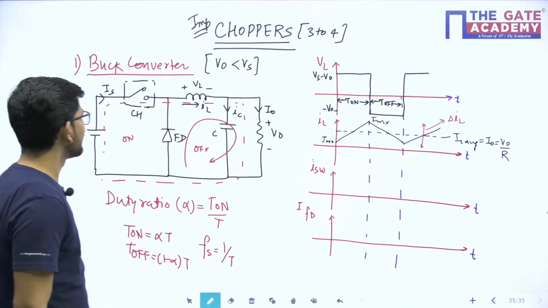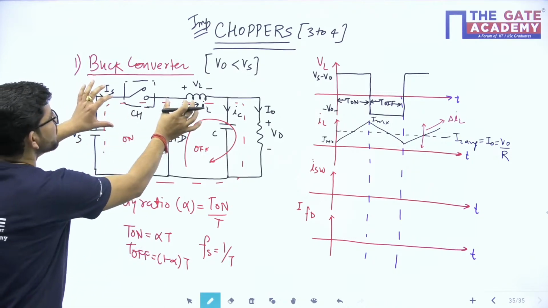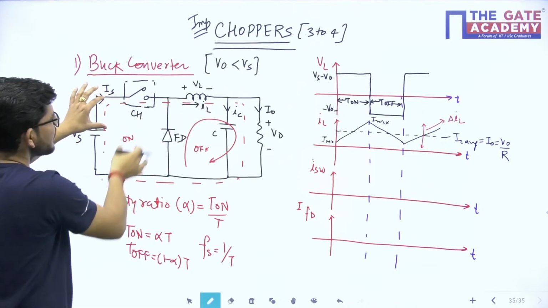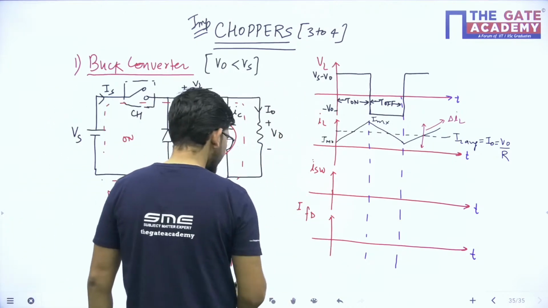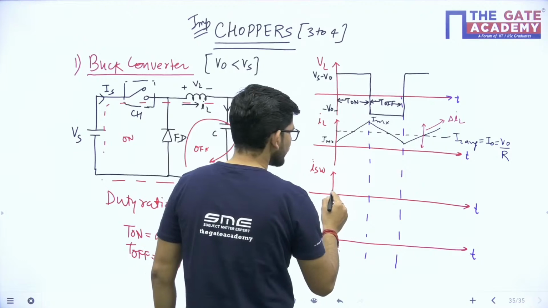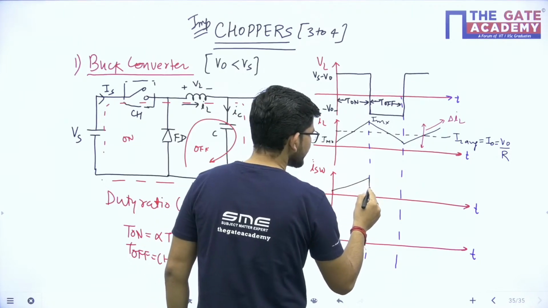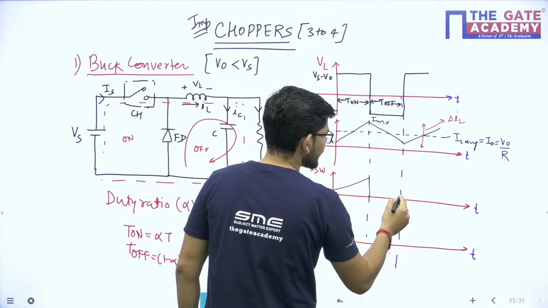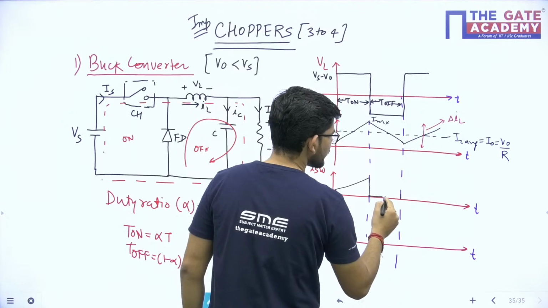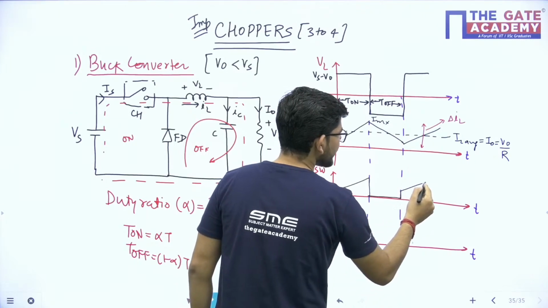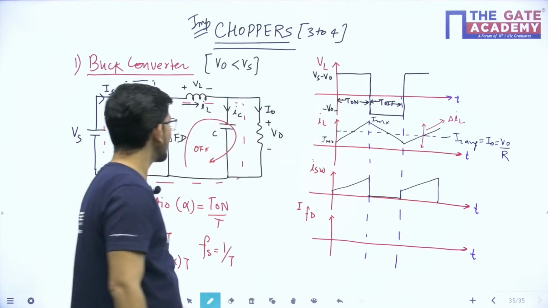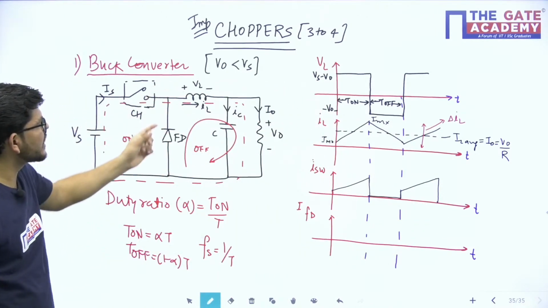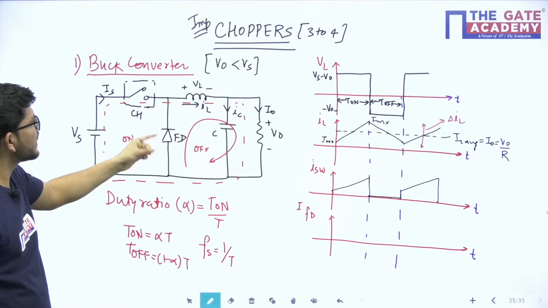Now see, the switch will carry part of the inductor current when it is on. So what will be the switch current? The switch current will be something like this, isn't it? Now the diode will carry part of the inductor current when the switch is off and the diode is on.